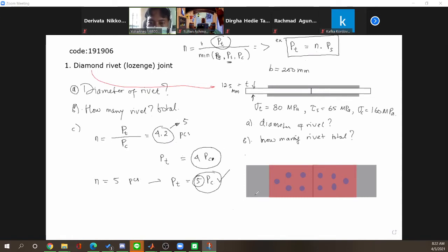Because there are only 5 rivets, if the arrangement follows this diamond pattern, then we will have 1, 2, and 2. We cannot give more rivets in this row because we only have 5 rivets.